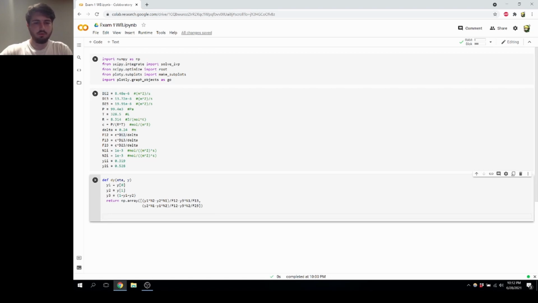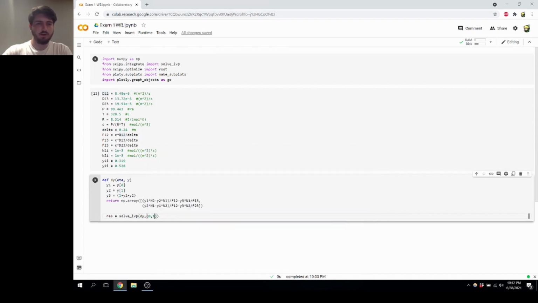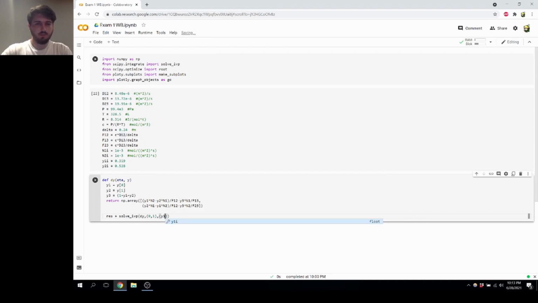And we're also going to have res as the variable. We're going to solve IVP for that function dy. We're going to have that from 0 to 1 because we have our eta from 0 to 1. And we're going to have it also from y1i, with y2i dependent.